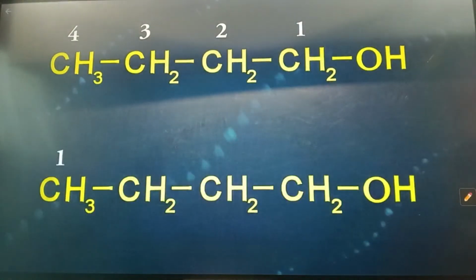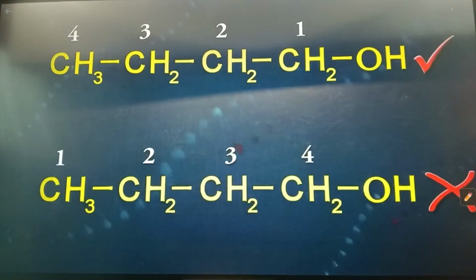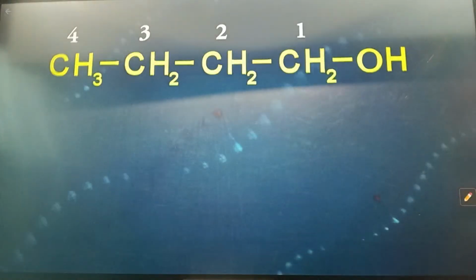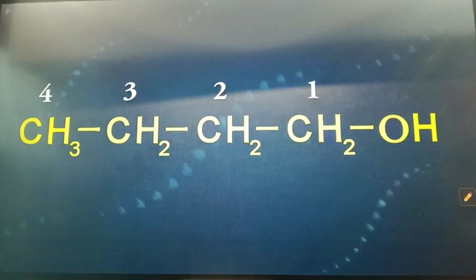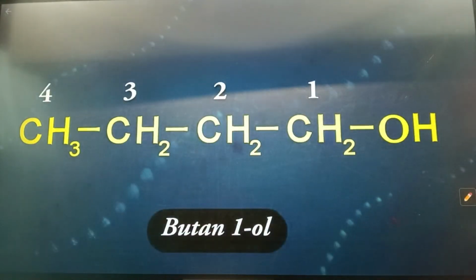As in this case, OH is attached to the carbon atom with number 1 and not number 4. Hence, the second case would be a wrong way of naming the compound. By using the suffix as shown here, the name of the compound is arrived at. For example, butan-1-ol.